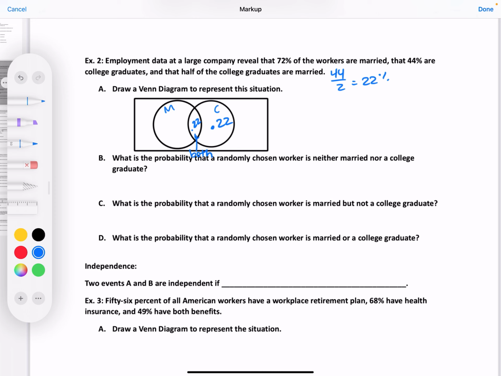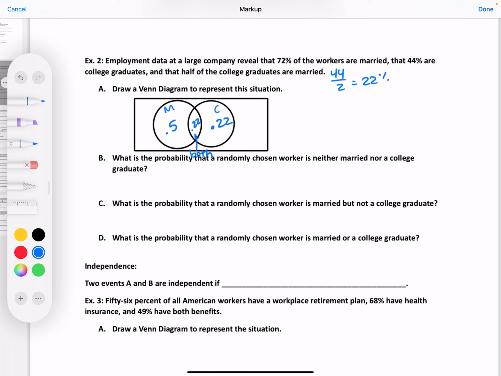So it's 36. Or 0.36. No. So we're taking the 72% that are married, and we need to subtract off the ones that are college graduates. So it's 72 minus 22. 0.5. So, yes.